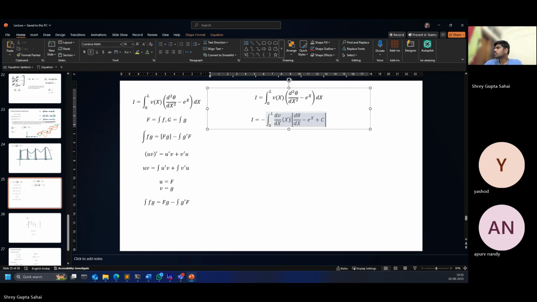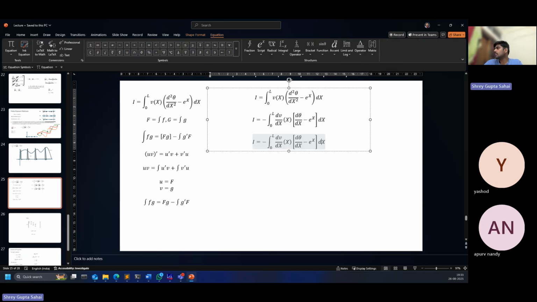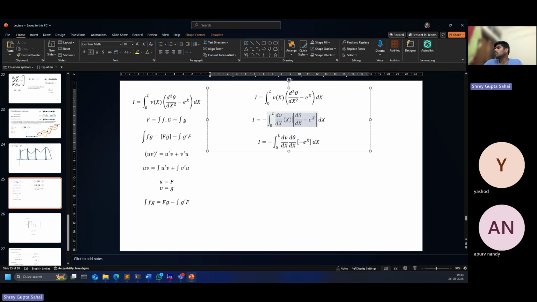And then dx should also be there. Now what else? This plus c will not come because this is not a proper integral. This is an improper integral at this point. Now we go ahead and split this integral. This one also I'll remove. Okay.